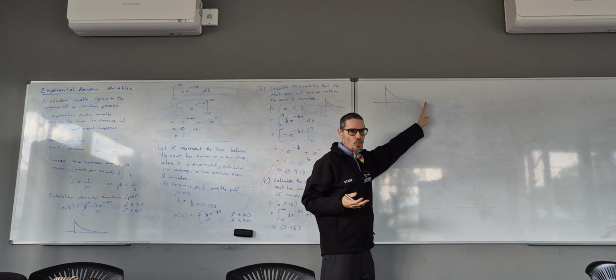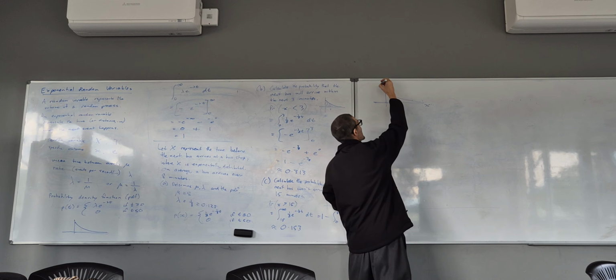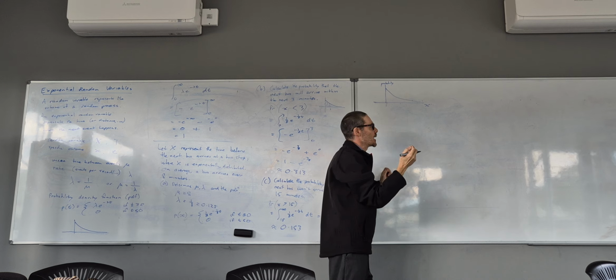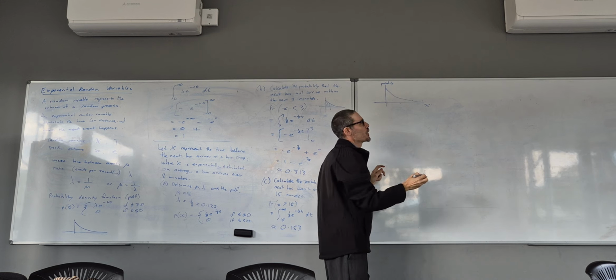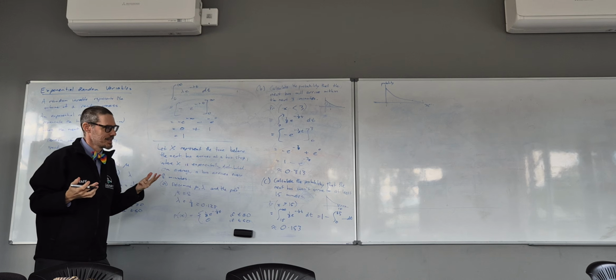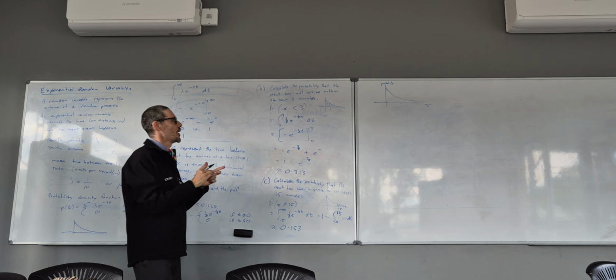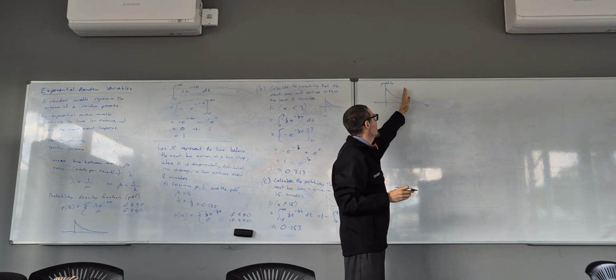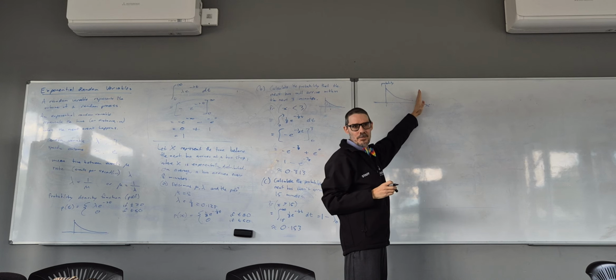Y coordinates are frequencies or probabilities of a particular value, but the area really represents the probability that we're looking for. But a quantile represents some fraction, some quantity of that area.